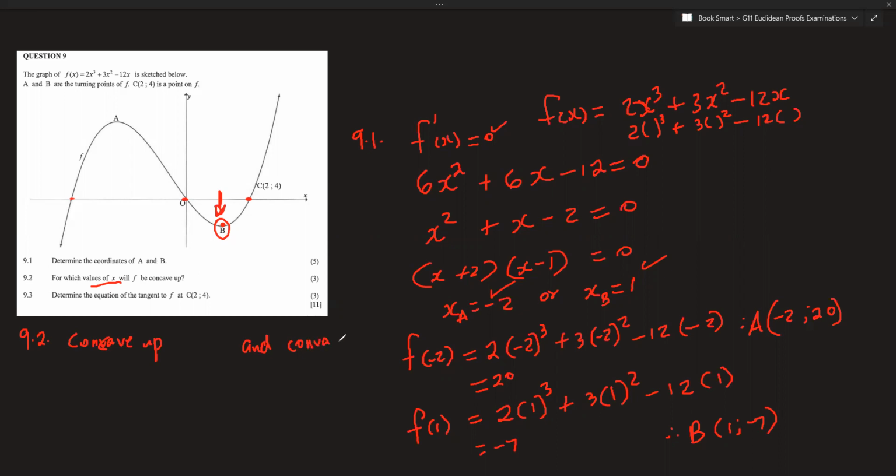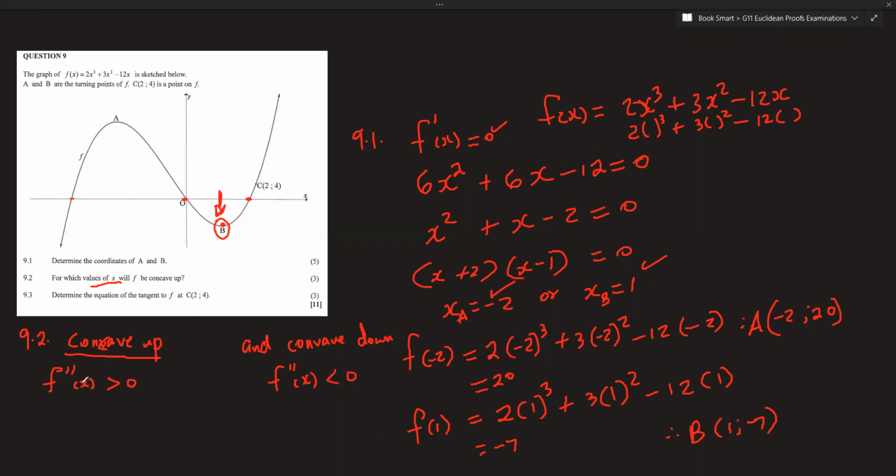Concave down. So for concave up, right, you need the second derivative of f of x to be greater than 0. For concave down, you need the second derivative of f of x to be less than 0.